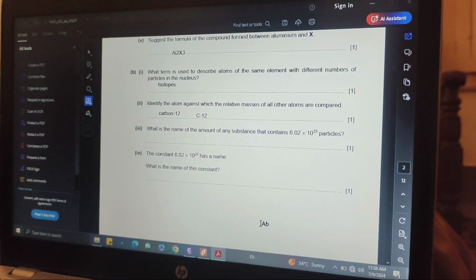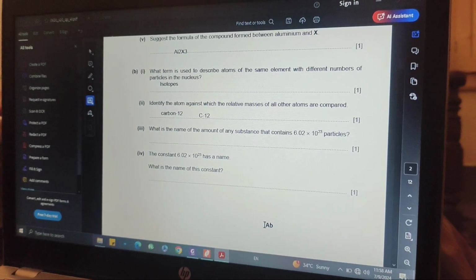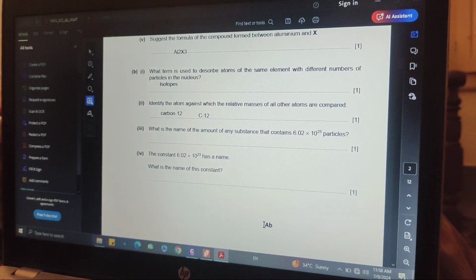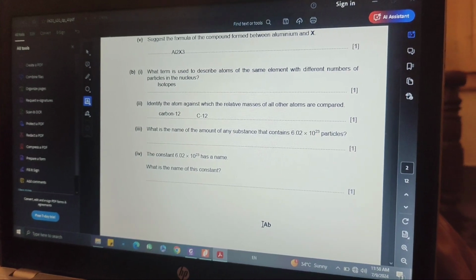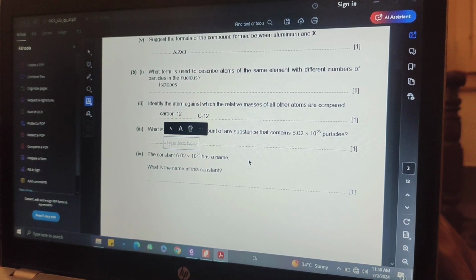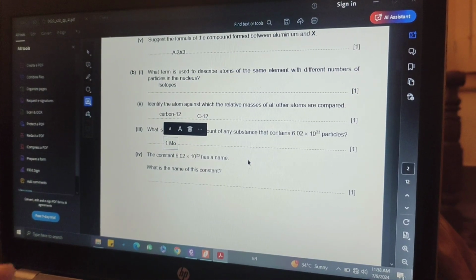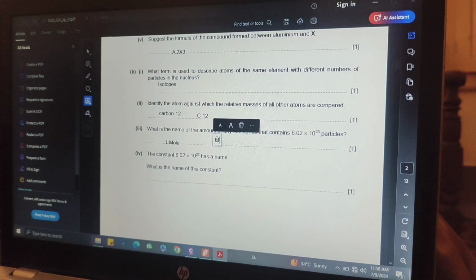What is the name of the amount of any substance that contains 6.02 multiplied by 10 to the power of 23 particles? So that is equal to 1 mole, or we can also write it as the mole.